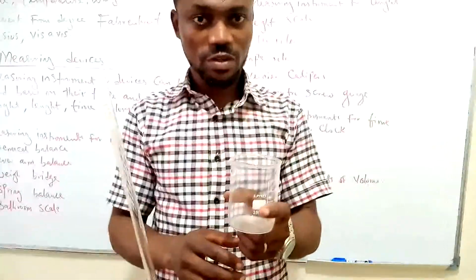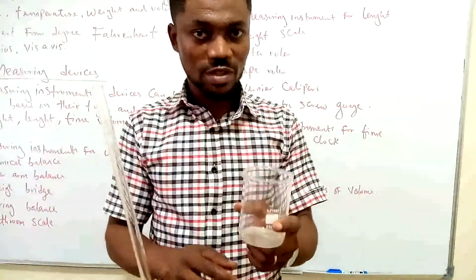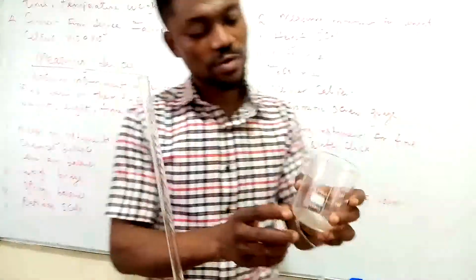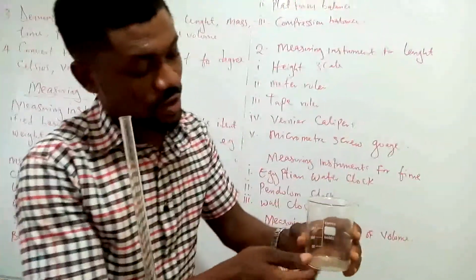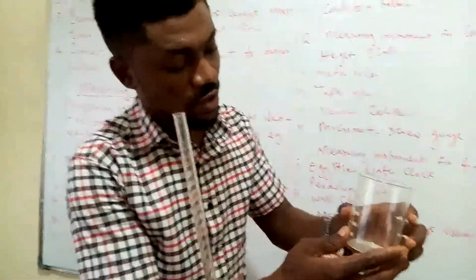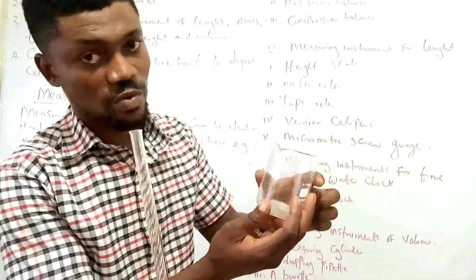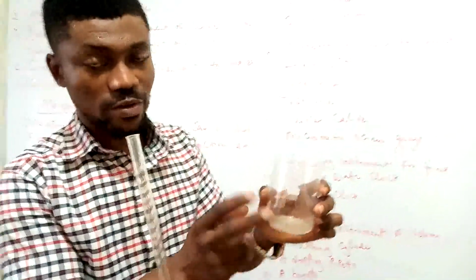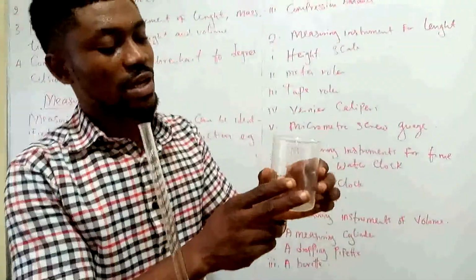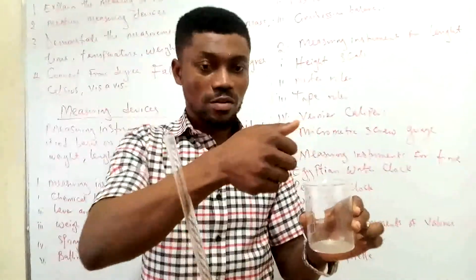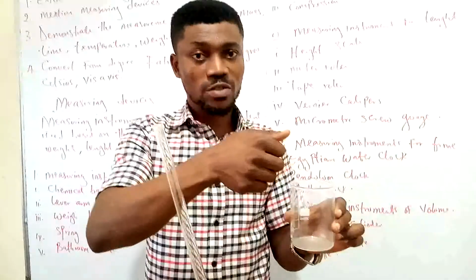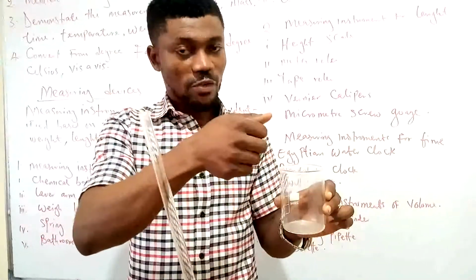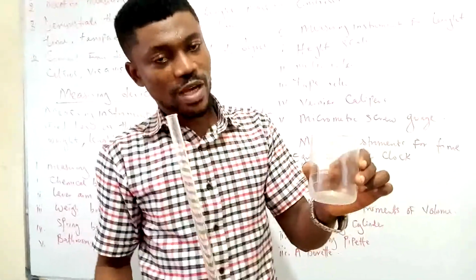I taught you diffusion in the previous class, where we did add water, distilled water. We added distilled water into the cylinder or the beaker, and then we now added a substance called potassium permanganate, if you remember, and then we allowed it.